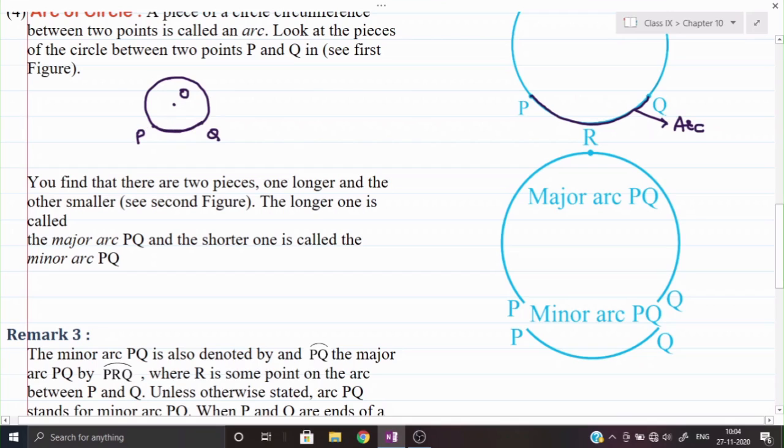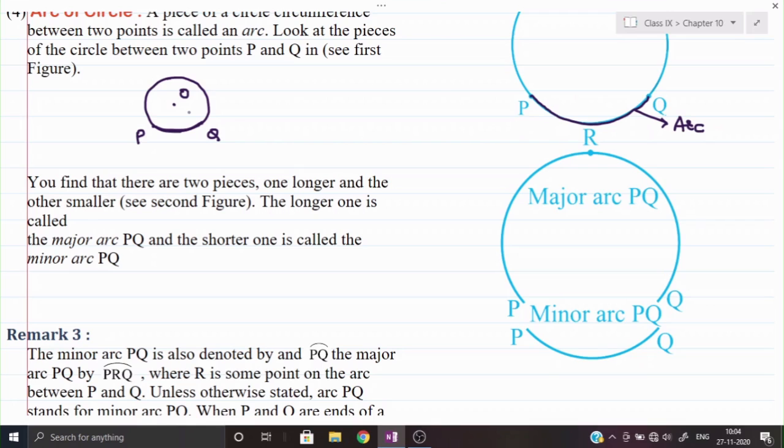You will observe P and Q. If I take this length, then PQ will be the arc of the circle. Now we have to decide whether the arc PQ is a major arc, or a minor arc, or another kind of arc. There are three types of arc possible.